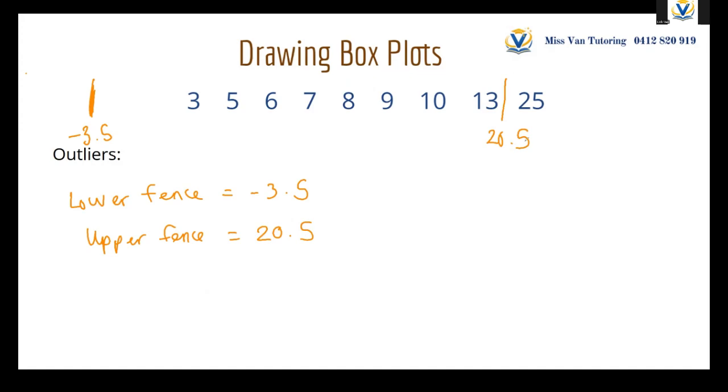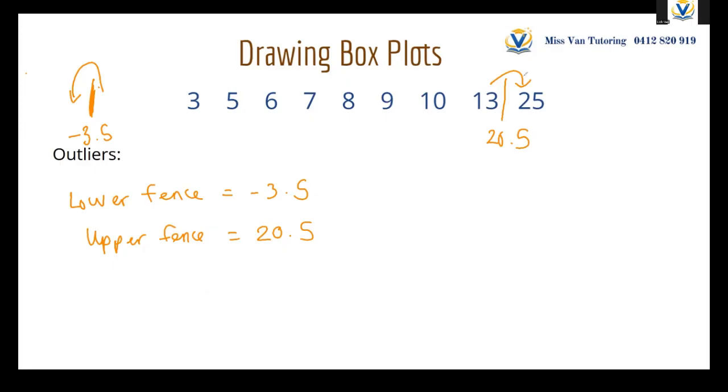These two fences act like two borders of your data set, which means that any data points that fall outside these two fences would be an outlier.